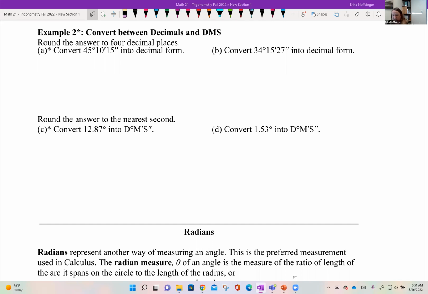Okay, so let's look at an example. In front of us, we want to convert 45 degrees, 10 minutes, 15 seconds into decimal form. First, let's ignore the 45 degrees and just work with our 10 minutes. We have this 10 minutes here, and we want to convert this into degrees. So let's rewrite that fancy one.